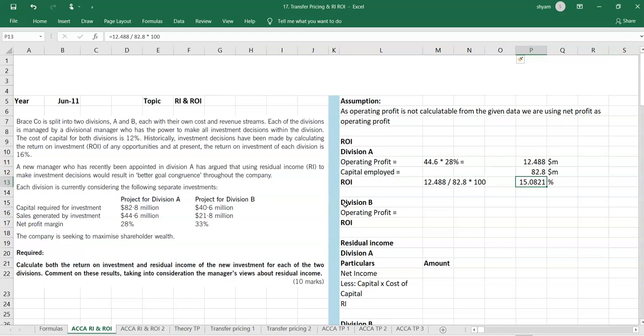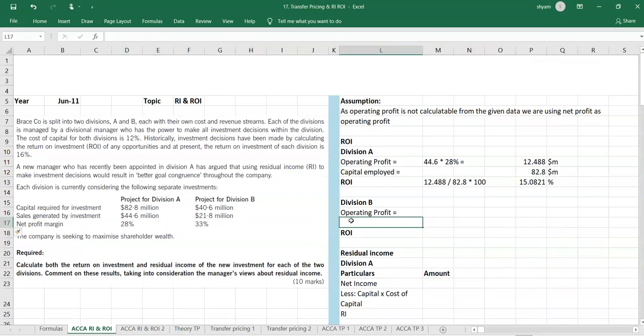So let's get the ROI for division B. Operating profit we find out in the same way. It's going to be 21.8 into 33%.